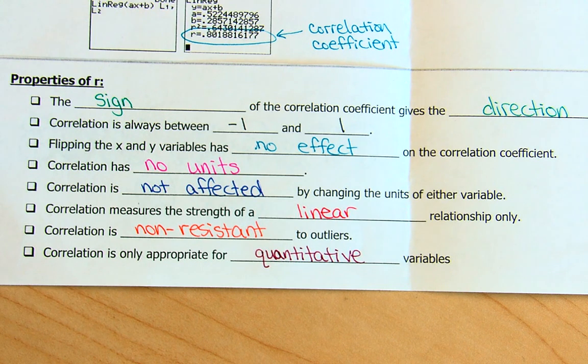So your group should work on this together, and you're going to sort the cards into groups according to what do you think is a positive relationship, what would be a negative relationship, and what would have no relationship. So once you get those sorted, then you're going to call the teacher over and ask her to check them, or ask him to check them, and see if you're right. If you're not right, then continue until you get them correct. Once you've finished with those, then you're going to do your problem set.